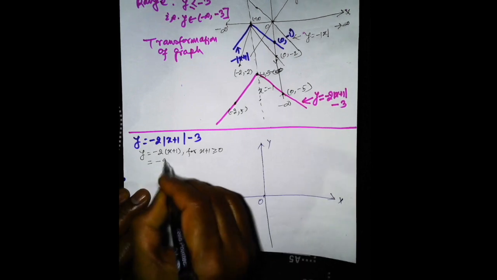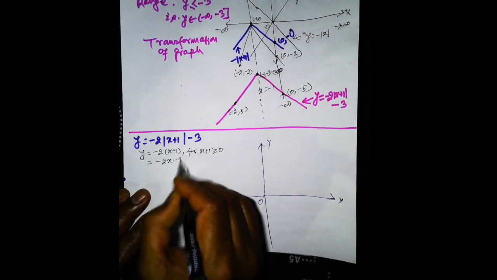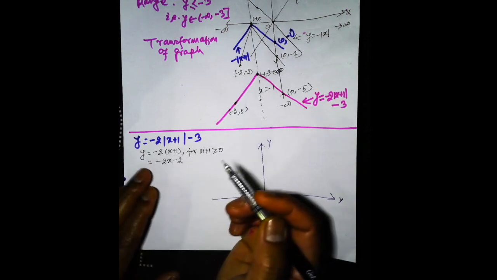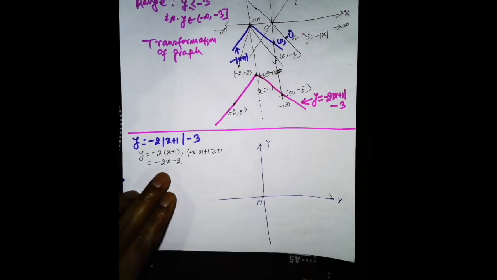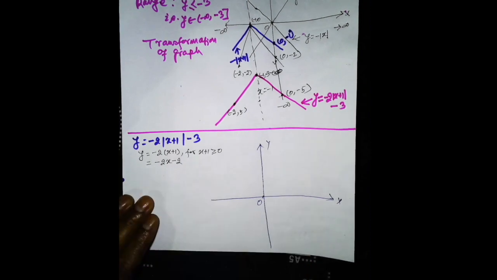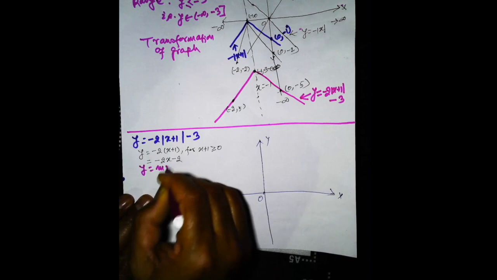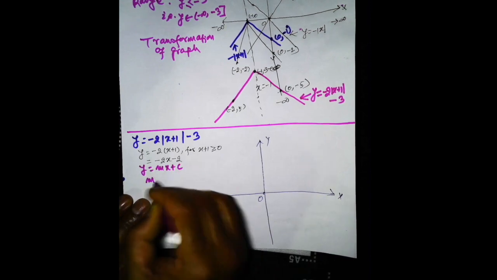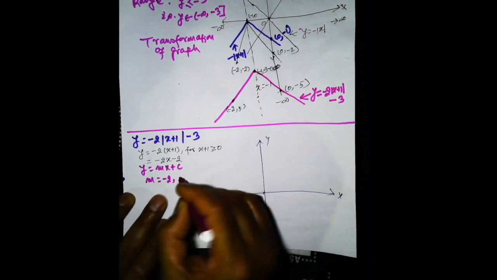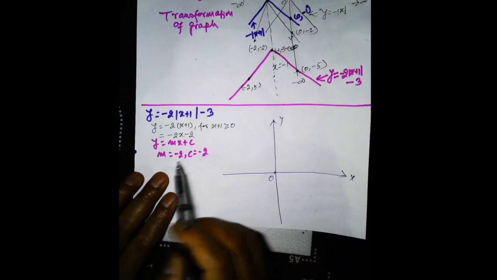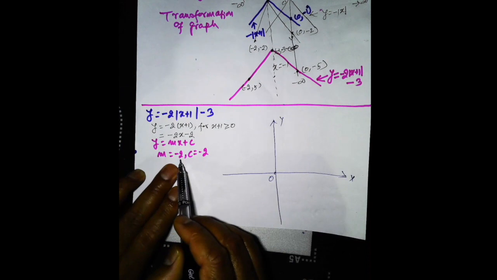It is -2x and -2 when you multiply x plus 1 by -2. So it looks like y equals mx plus c, where m is -2 and c is -2. That means slope is -2, slope is negative.